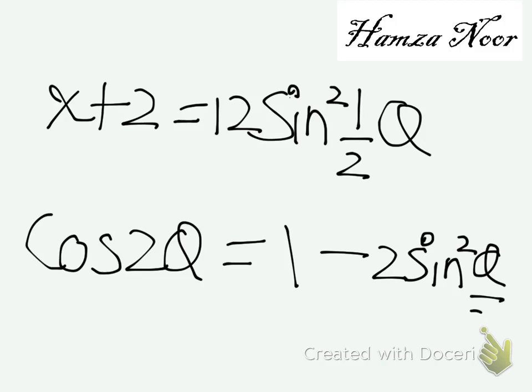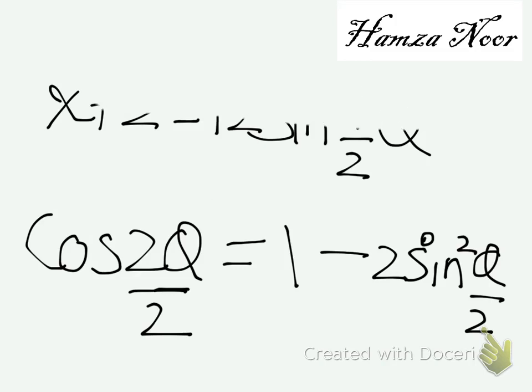So your identity will be cos theta is equal to 1 minus 2 sine squared half theta, because the 2 and 2 are cancelled on the left hand side.